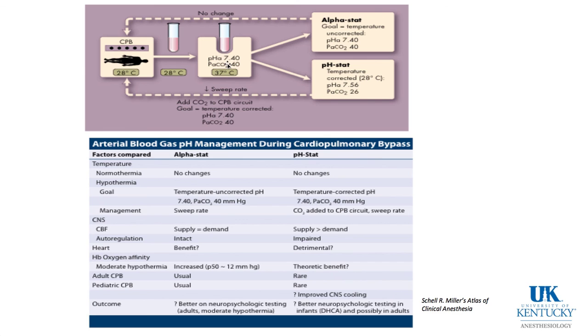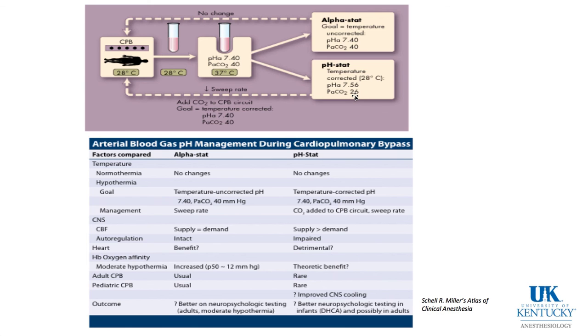As opposed to the pH stat, where you say, you know what, the patient's temperature is 28 and I need to make some corrections. So you temperature correct, correcting to the patient's real temperature of 28 degrees, we know that the correction will result in a drop in CO2. It's not going to be 40 because that's 40 at 37 degrees. At 28 degrees, it's about 26 millimeters of mercury, lower partial pressure.